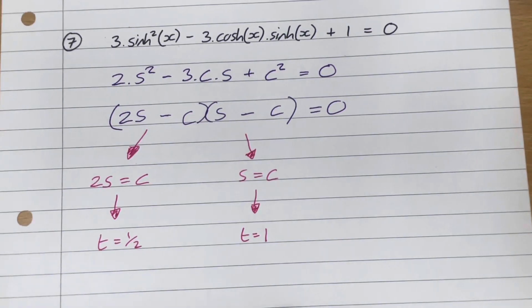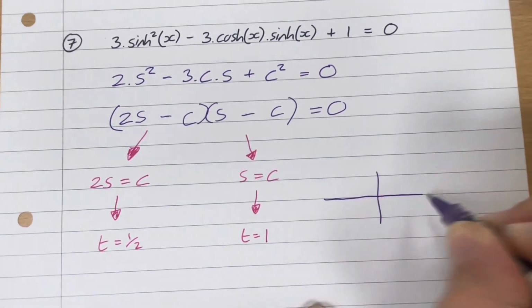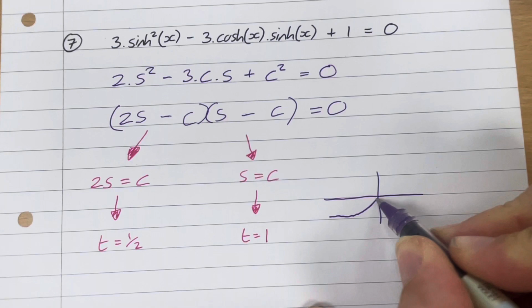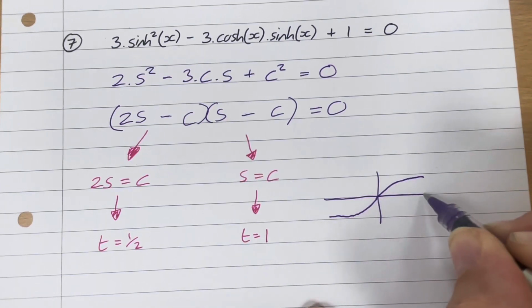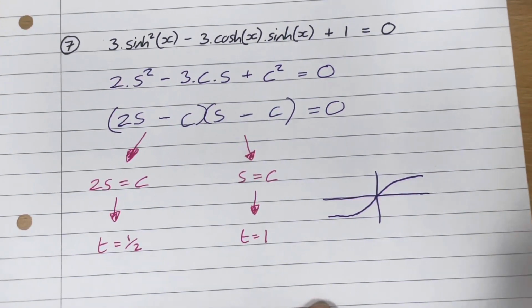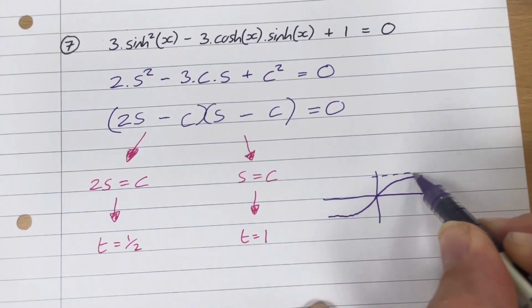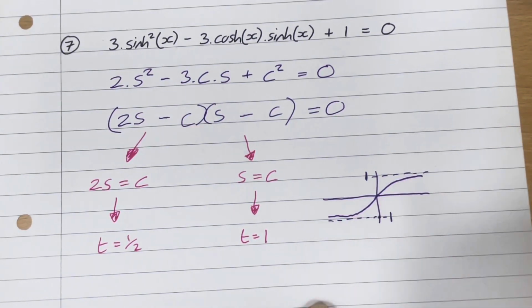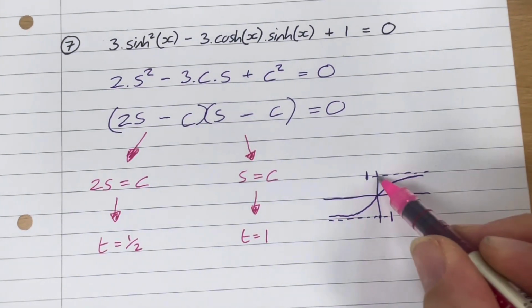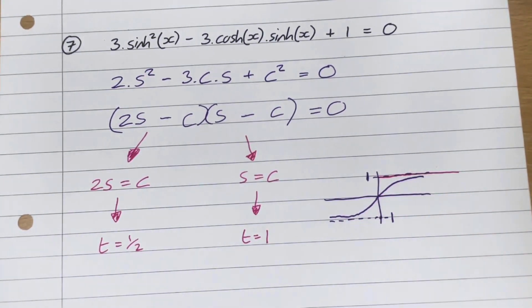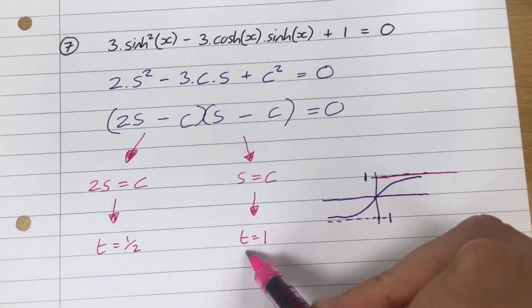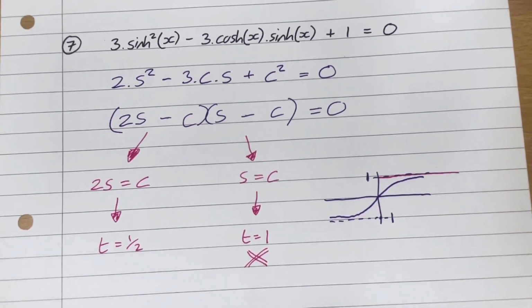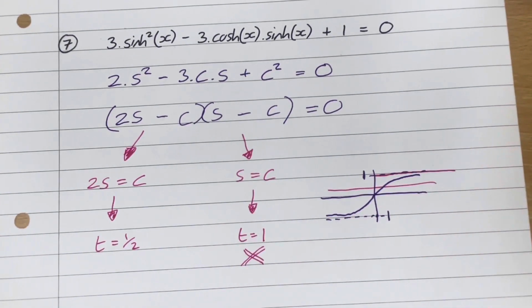Think of the graph of tanh. And this is where your knowledge of these graphs comes in very useful. It looks like this. We have a horizontal asymptote here at +1 and a horizontal asymptote here at -1. So there is no point on the curve where it is 1, so therefore this has no solutions. So the only solution is going to come from here, and in fact there's only one solution.